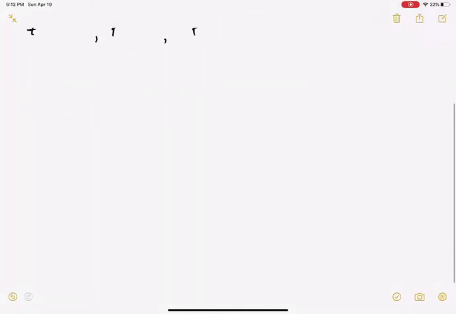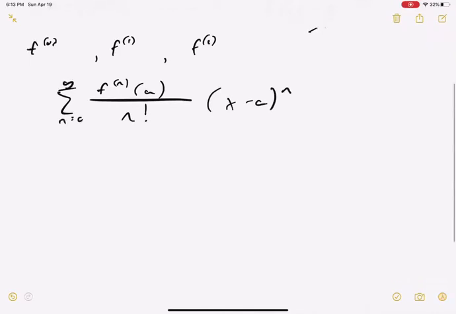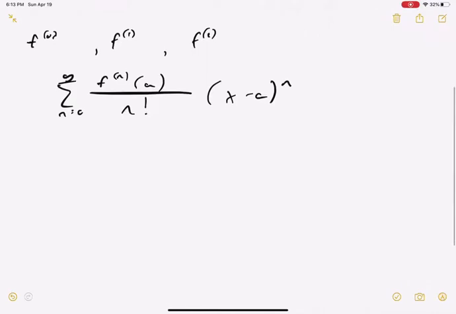Okay, so remember our Taylor series, our Maclaurin series, they have this form. This is the form for a Taylor series centered at A, right? And remember that a Maclaurin series is just a Taylor series centered at 0. So if you're going to memorize one formula, I would memorize this one.